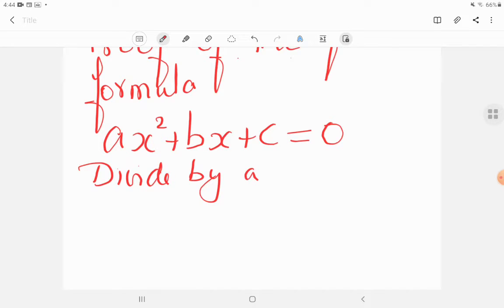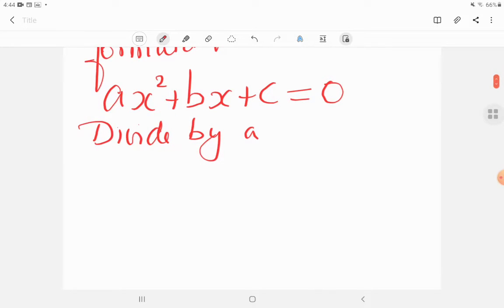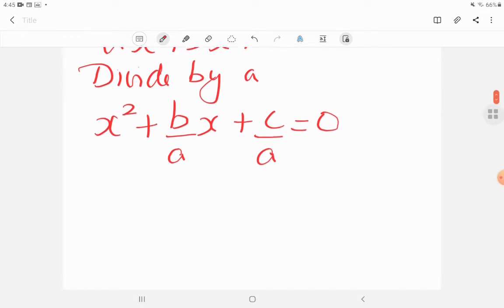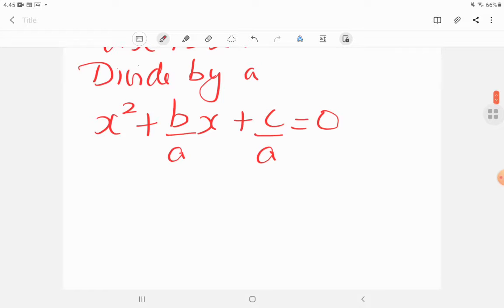So what do we get after we divide by a? We get x squared plus b over a x plus c over a is equal to 0. Then, just like the completing the square method, we take the coefficient of x, divide by 2 and square it.